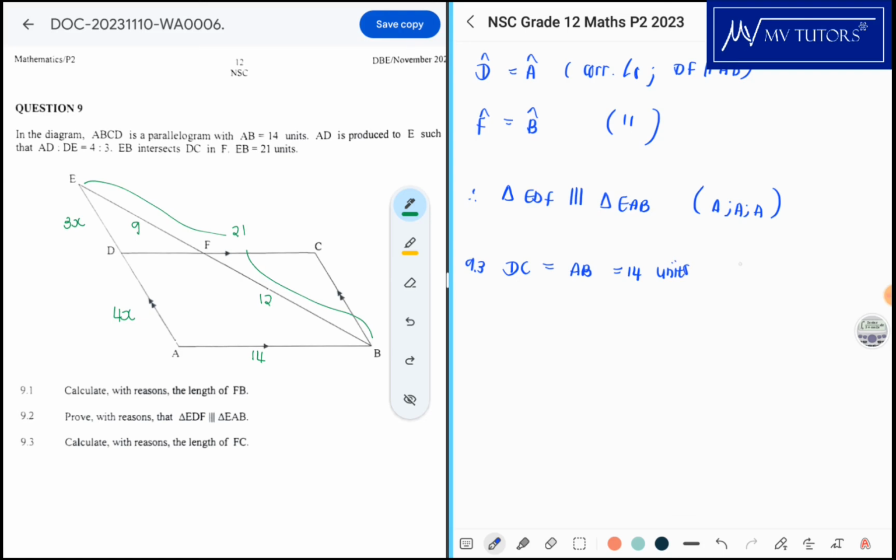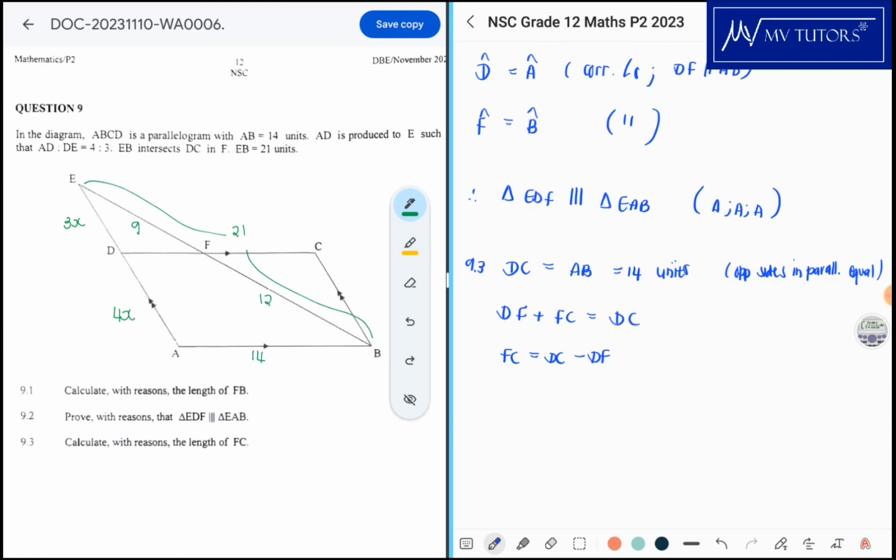All right, and that is because opposite sides in a parallelogram are equal in length. So then if we say DF plus FC is equal to DC, we can then say FC is equal to DC minus DF.